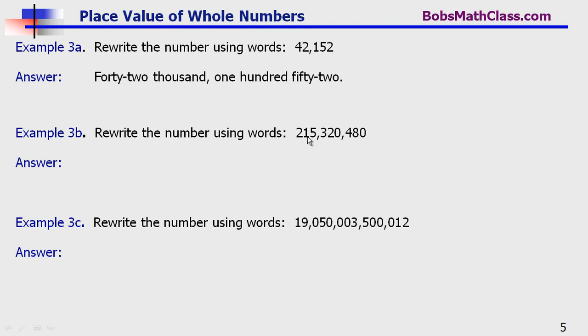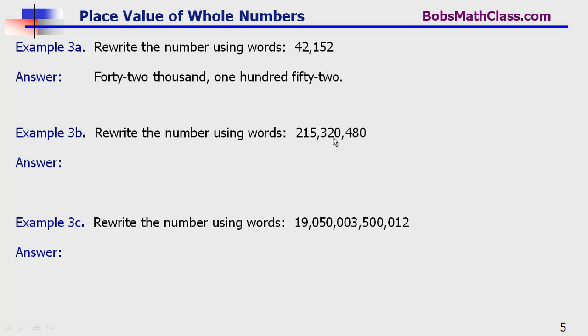Okay, 3B here. Write down the first period, 215, and then its period name. Well, let's see, what is that period name? The first one is the ones, the second period is the thousands, the third period is the millions, so this would be 215 million.